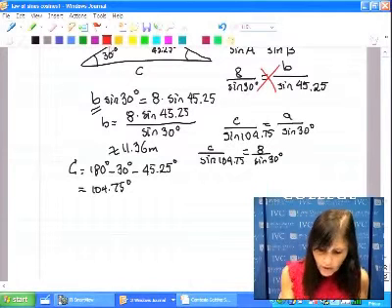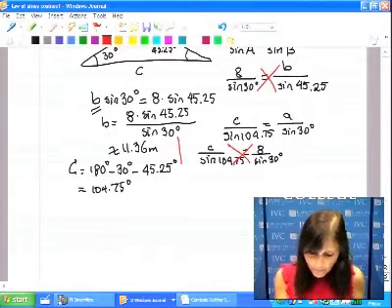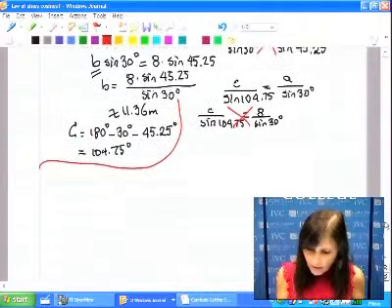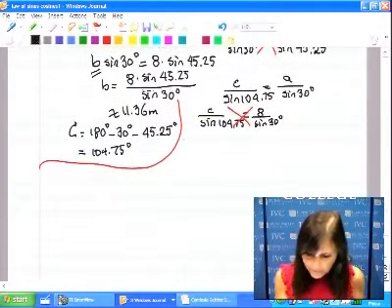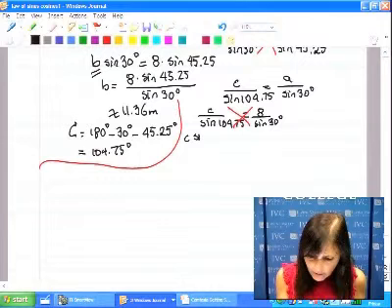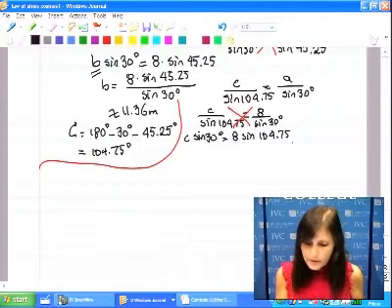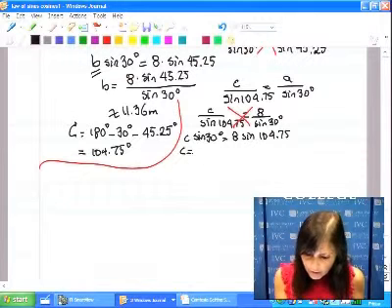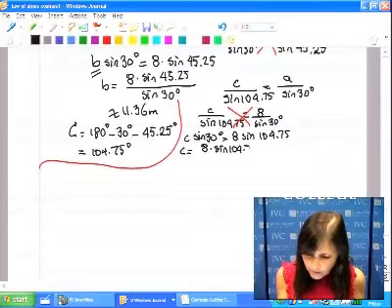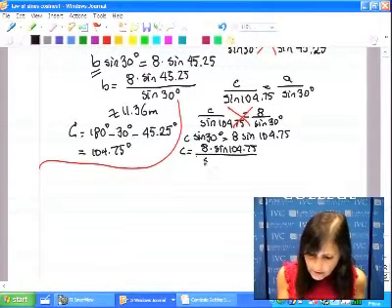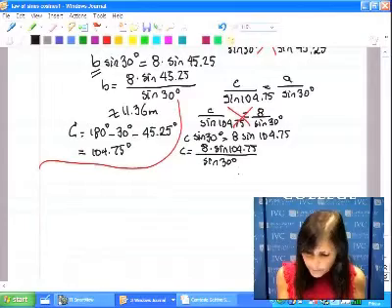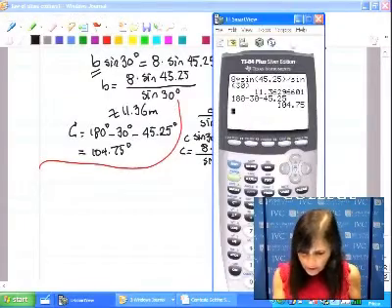So when you crisscross that, let's write it down here. You're going to get c times sine 30. And that's going to give you 8 times sine of 104.75. You pull the c out of here. You're going to get 8 times sine of 104.75 over sine of 30. You go get your handy-dandy calculator.